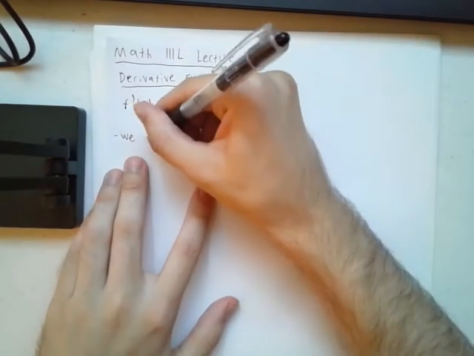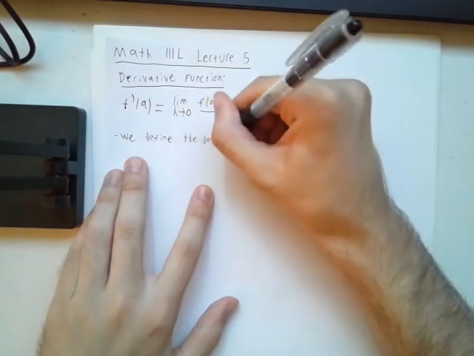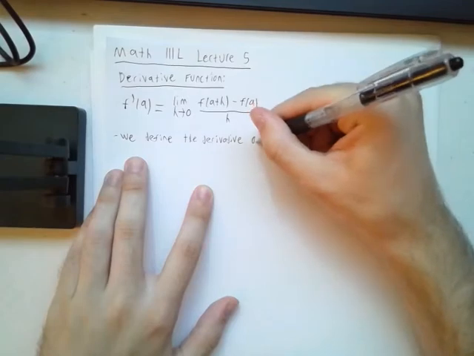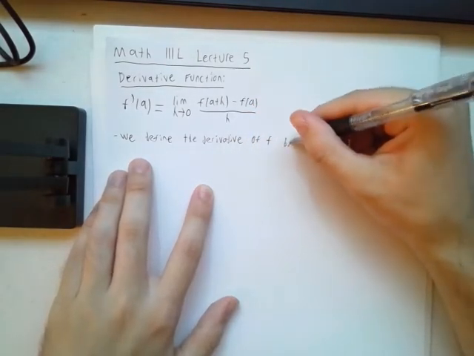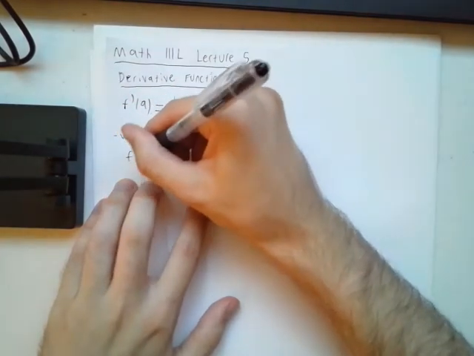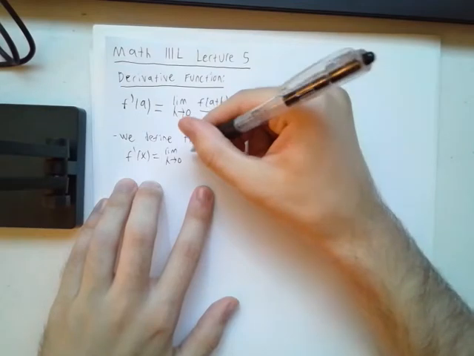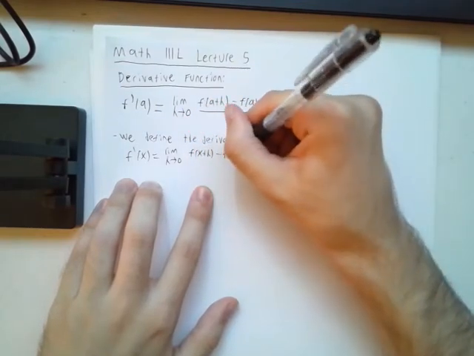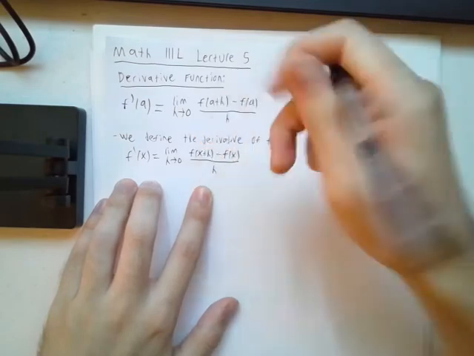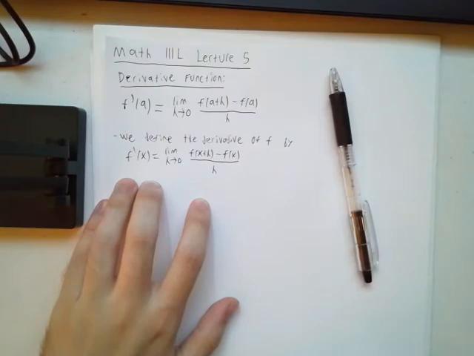So we define the derivative of f by f prime of x equals the limit as h goes to 0 of f of x plus h minus f of x, all divided by h. So what's the difference between these two things?